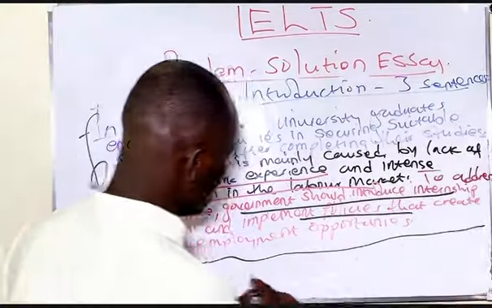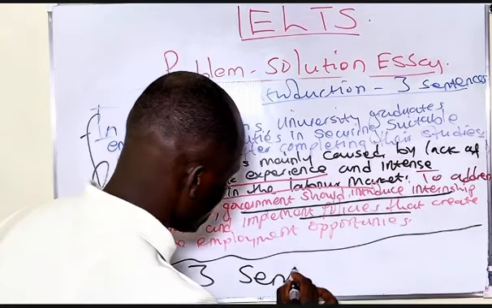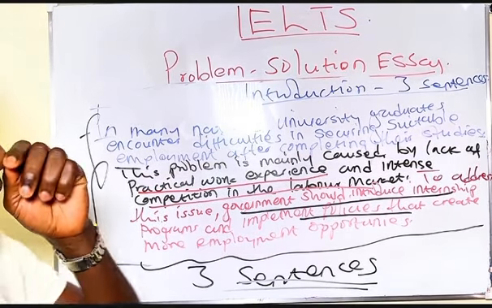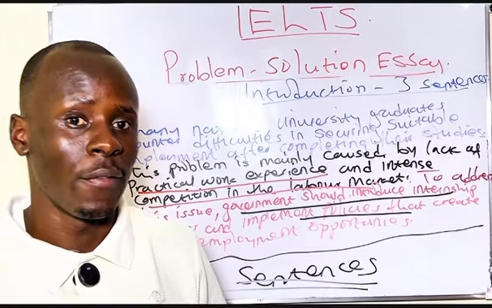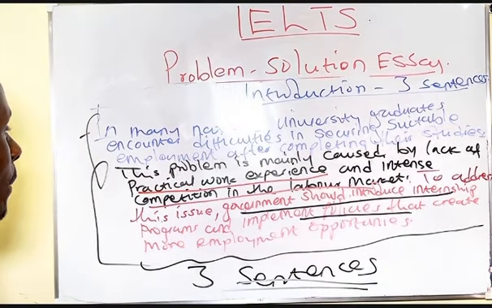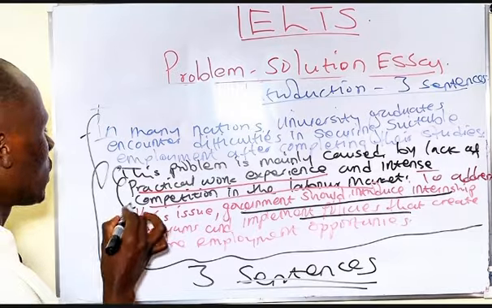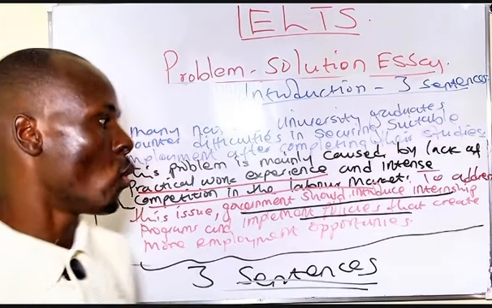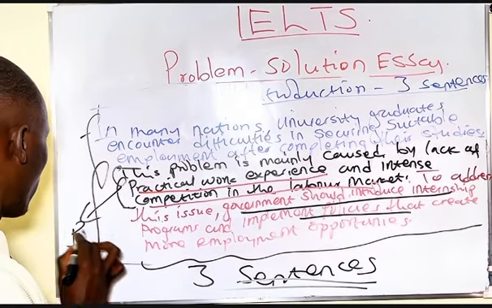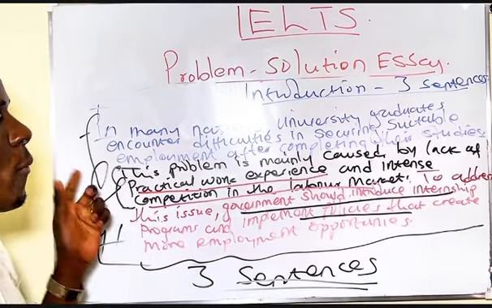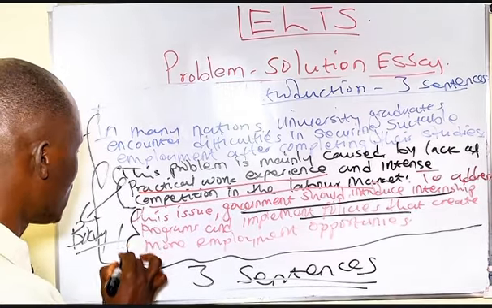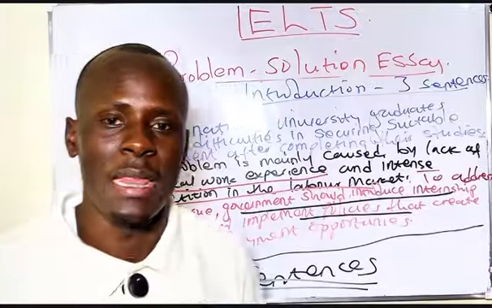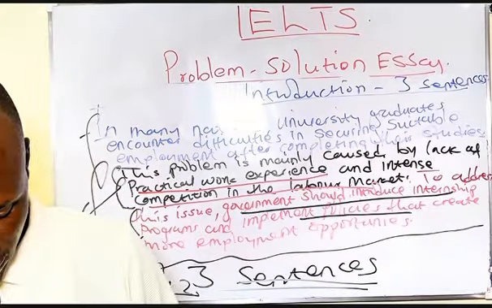It comprises 3 sentences, and we have our good and very brief introduction. Now, this means that the 2 reasons we have written in our second sentence will form our body paragraph 1. And then the solutions will form body paragraph 2.